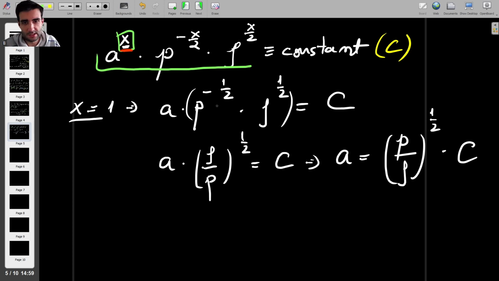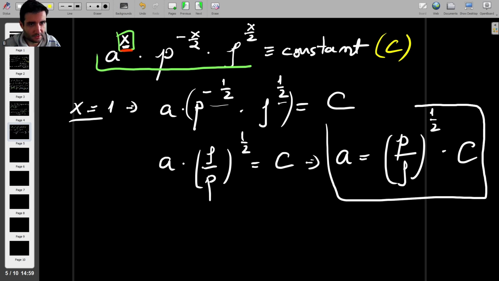And if x is 1, this is minus a half, this is a half, and we end up with a true expression. This tells you that the speed of sound in air depends on the ratio between pressure and density to the power 1 over 2. More specifically, a is proportional to the square root of p over rho.